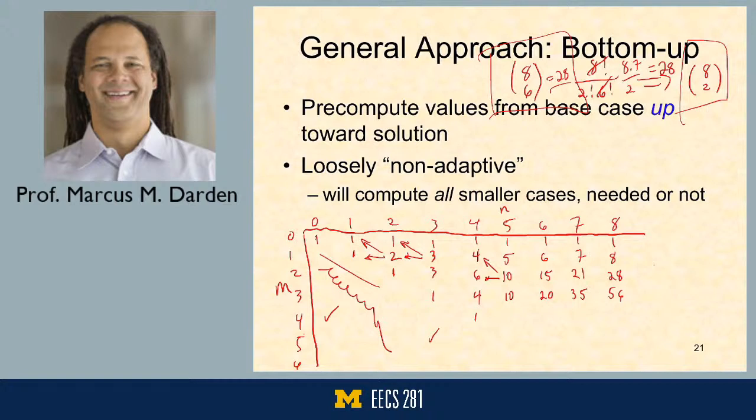I get 4 choose 1. Has anybody noticed a pattern yet here? I hope you have. That's a 35 and 70. All right, 70. What do I get there? That's a 6. 21, there's our friend. 56.